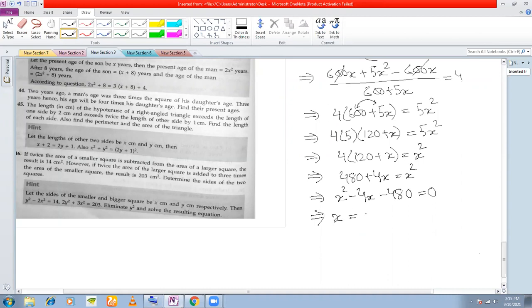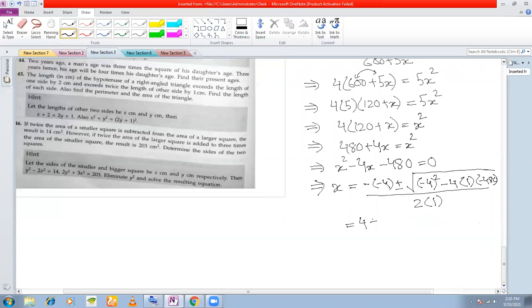So you get X is equal to minus b plus or minus root over of b square minus 4 into a into c, divided by 2 into a.